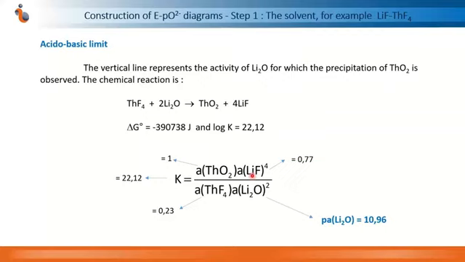The activity of lithium fluoride and the activity of thorium fluoride are given by their mole fraction in this molten salt composition. And then the constant K has been calculated from the Gibbs energy. Then we can deduce that we have precipitation of thorium oxide when the opposite of the logarithm of the activity of lithium oxide is equal to this value.